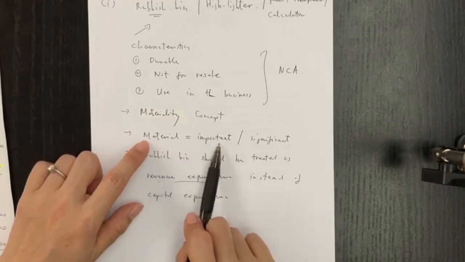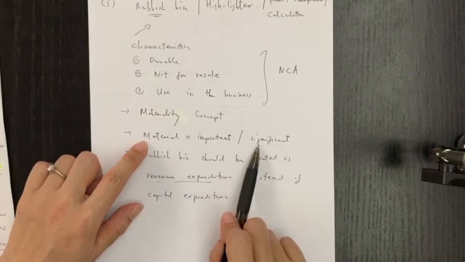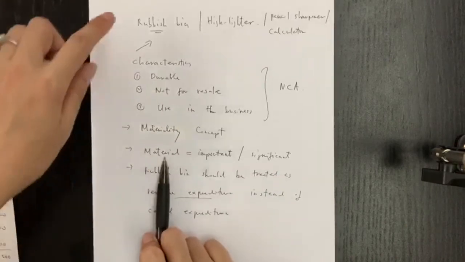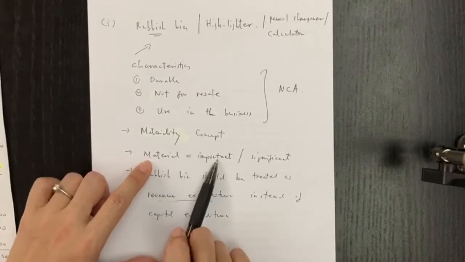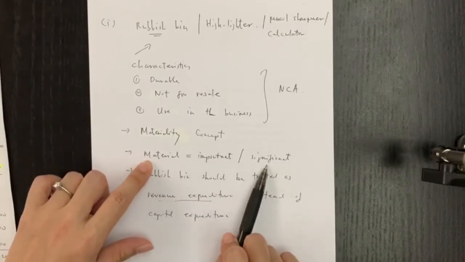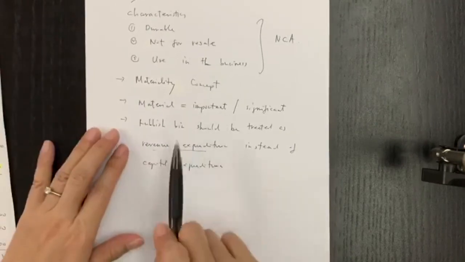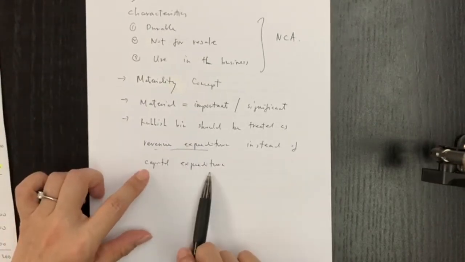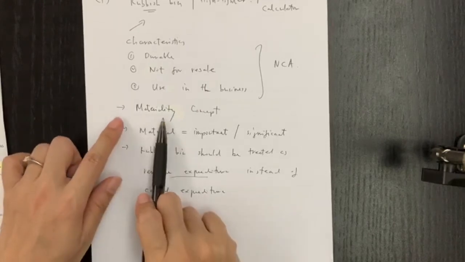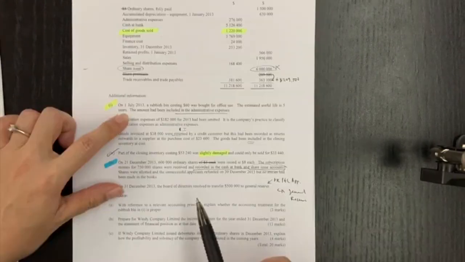Material means important. Material means significant. However, for the rubbish bin, it is not material, not important, not significant. So therefore, the rubbish bin should be revenue expenditure instead of capital expenditure according to the materiality concept.